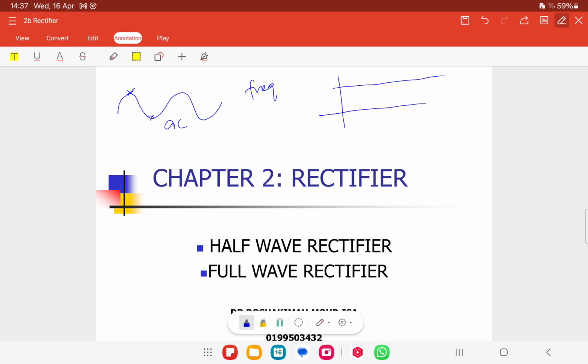Kenapa? Apa beza dia? Tadilah dah cerita dah kan? Tak ada. It just beza dia kalau in terms of the signal macam ni, and then macam ni the DC. But then actually for the equipments yang kita pakai, home appliances, semua DC.